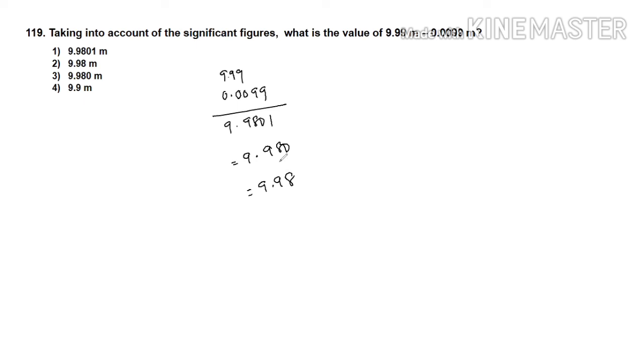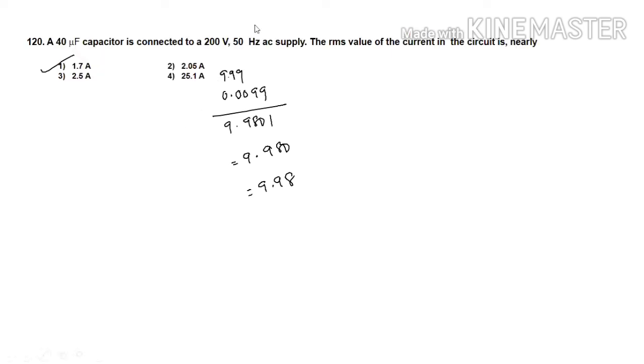Hence we should have two decimals, that is 9.98. Now see the next question.